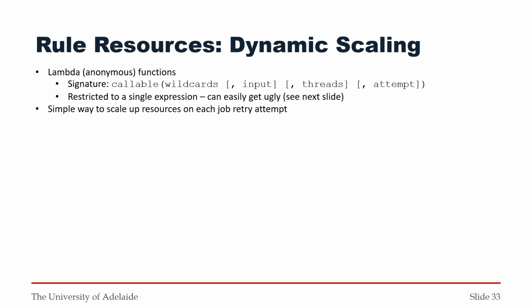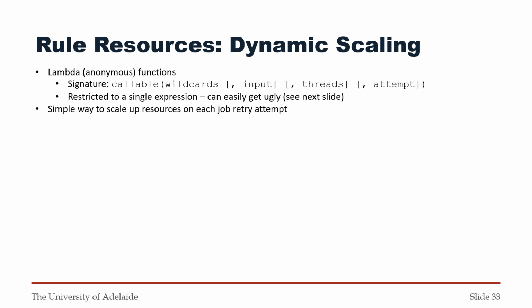So a simple way of using this dynamic scaling would be to scale up resources for each job each time a job is retried by Snakemake. The profile that's with this repository will ensure that if a job fails, Snakemake will resubmit that job and attempt to get that job over the line and completed.